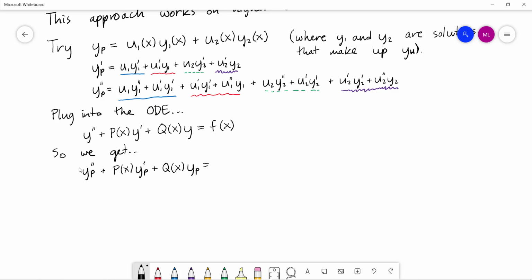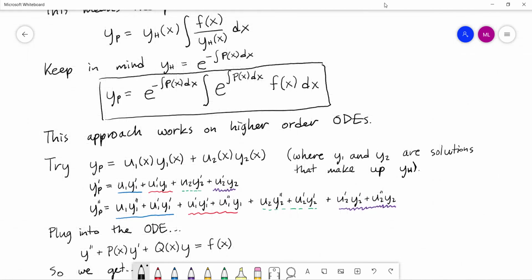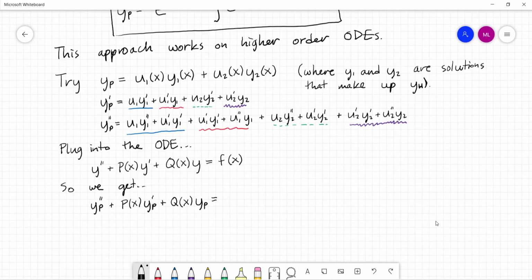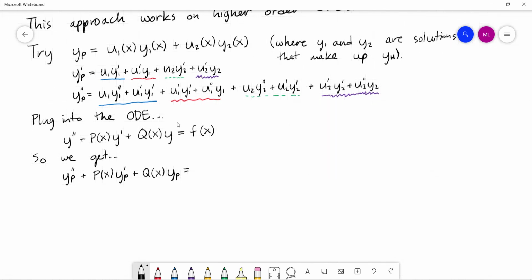I want to group, remember we had a term here that we were able to kill off by putting in some terms that looked exactly like the homogeneous solution. So I want to do the same thing here. Let me group the terms, which is going to be all these y1 prime terms, all these terms that are proportional to the u1. So like this term, and this term, and this term.